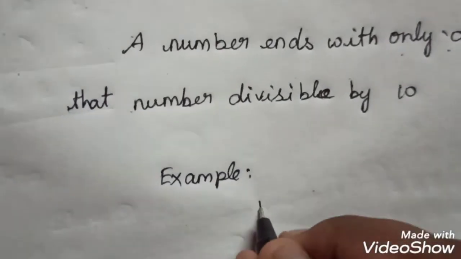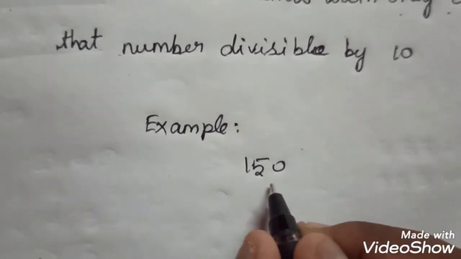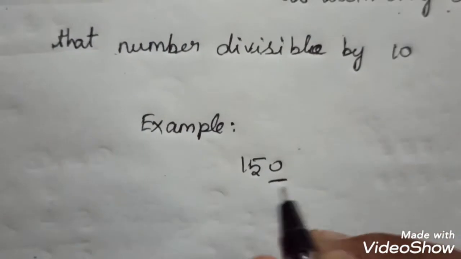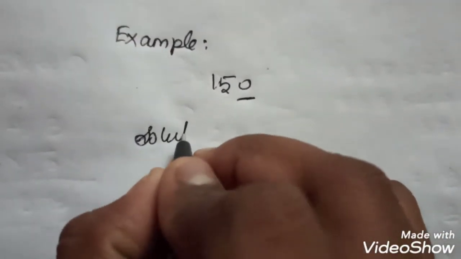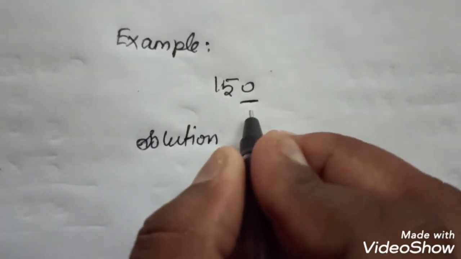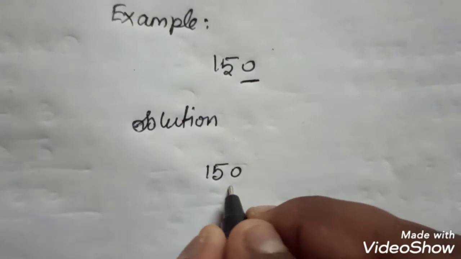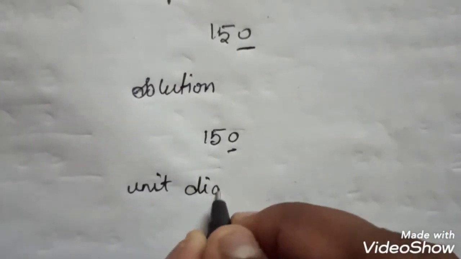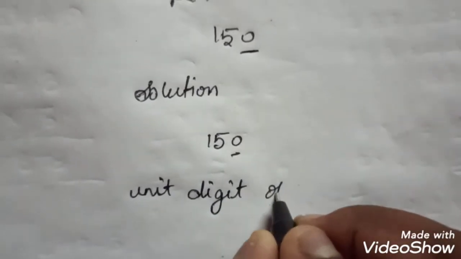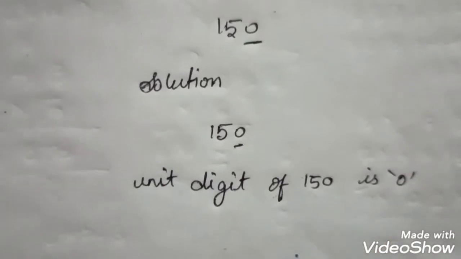For an example, I will take the same 150. Here the number ends with 0, so I check it in a solution. This 150 is divisible by 10. I have to check the unit digit. The unit digit of 150 is 0.